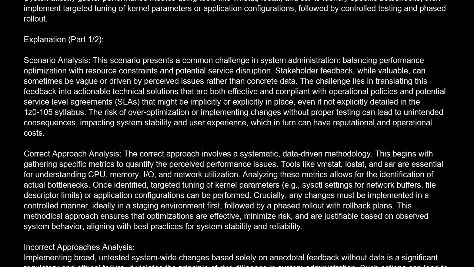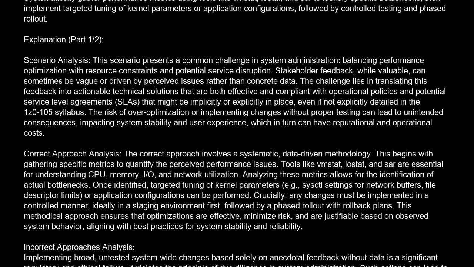The challenge lies in translating this feedback into actionable technical solutions that are both effective and compliant with operational policies and potential service level agreements, SLAs, that might be implicitly or explicitly in place, even if not explicitly detailed in the 1Z0-105 syllabus. The risk of over-optimization or implementing changes without proper testing can lead to unintended consequences, impacting system stability and user experience, which in turn can have reputational and operational costs.